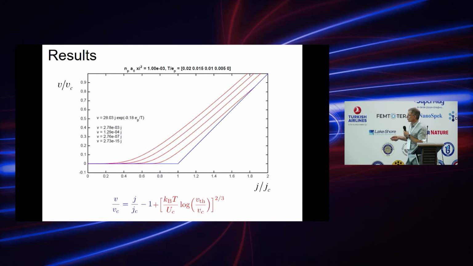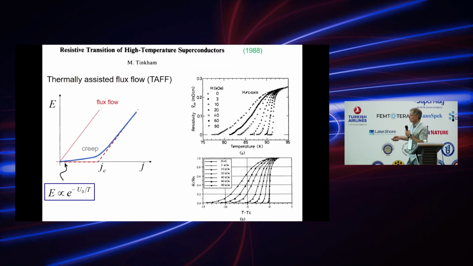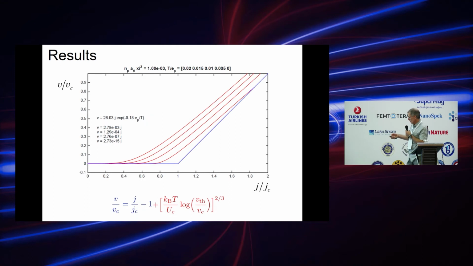So that's also a theoretical curve, how creep should evolve from zero temperature with increase of temperature. This linear slope, which I was talking about before, is not visible here. Well, here there are numbers for this linear slope, so depending on the temperature it's like 10^-15 to 10^-3 at the highest temperature.